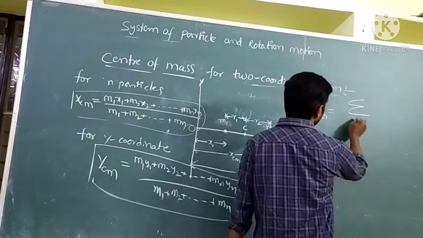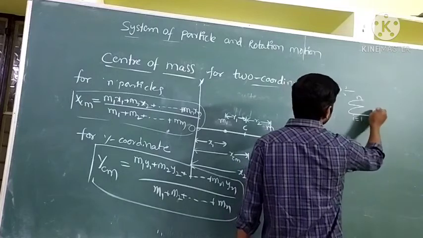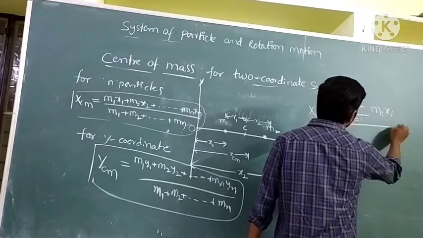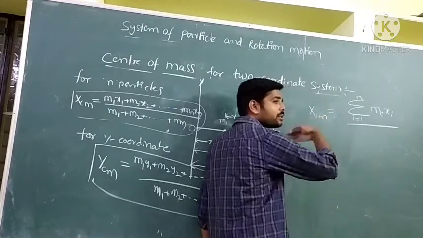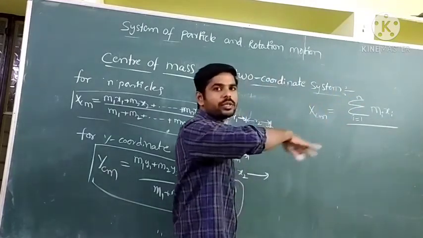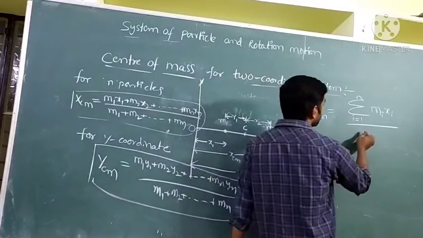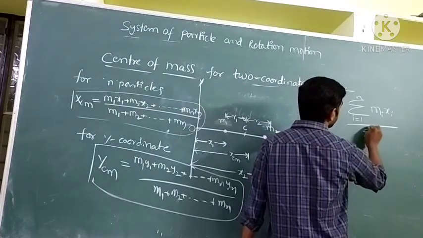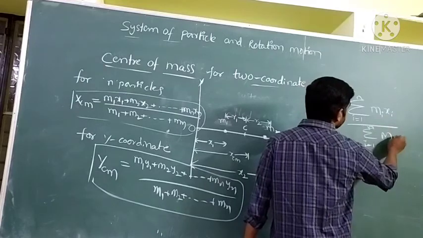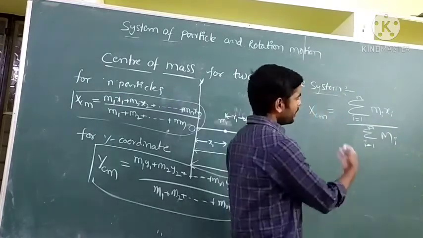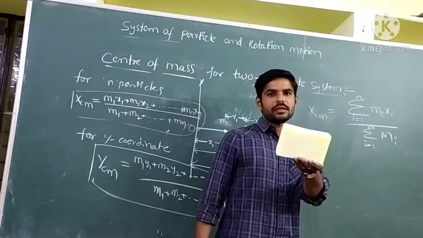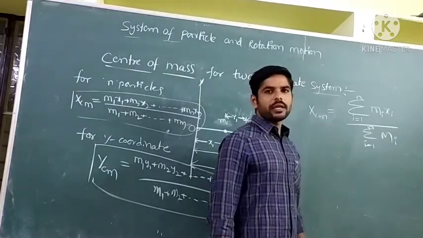Summation of i equal to 1 to n of mi xi, divided by summation of i equal to 1 to n of mi. Summation covers all the terms m1 x1 plus m2 x2 and so on, and the denominator is the entire mass of the body. You can write it directly as capital M also.